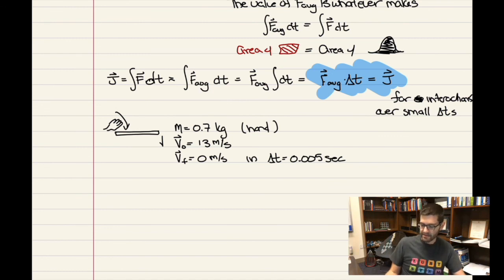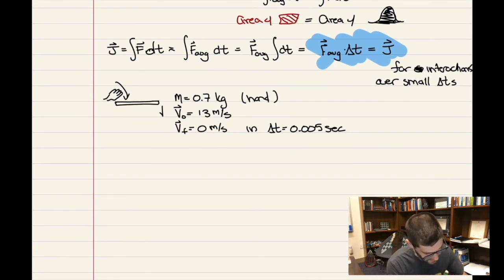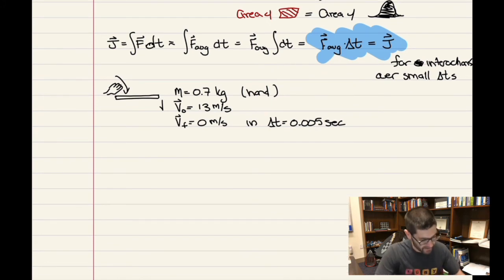So I slam my hand down on a table. My hand clearly comes to rest. Something had to make my hand stop moving. A force had to change the velocity of my hand. That force, of course, comes from the target or the piece of wood or wherever you're slamming your hand down into. So in this case, I'm asking for what is the impulse, which is generally defined as some function F integrated over time.